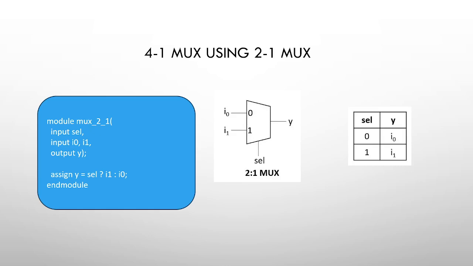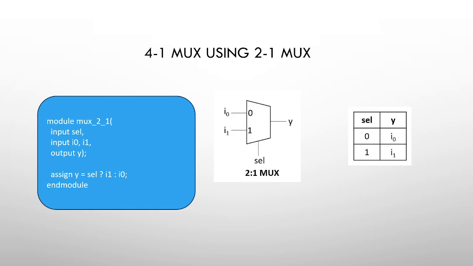Since it's a 4 by 1 mux, you need two 2 by 1 muxes, and then combining those two, you need one more 2 by 1 mux. This is the groundwork of the design. That means when you want to design a 4 by 1 mux, you need three 2 by 1 muxes in order to design one 4 by 1 mux.